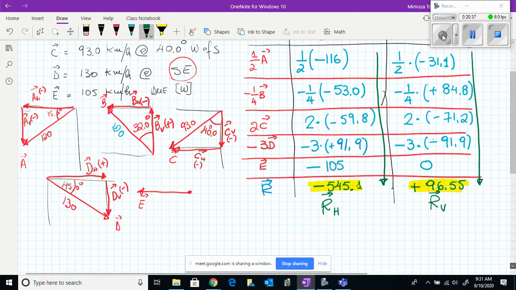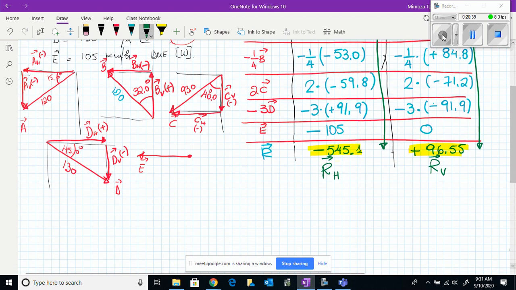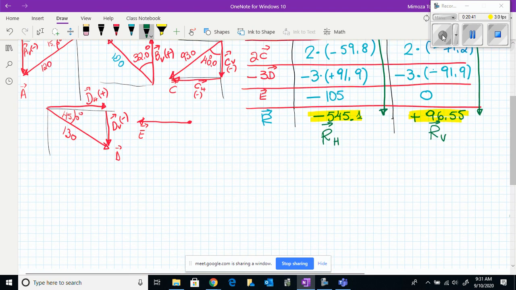Now, what we do is we take those two numbers and we plot them in the north, east, south, west axis. So the horizontal component is negative. What does that mean? Is it going east or is it going west? West. Okay.